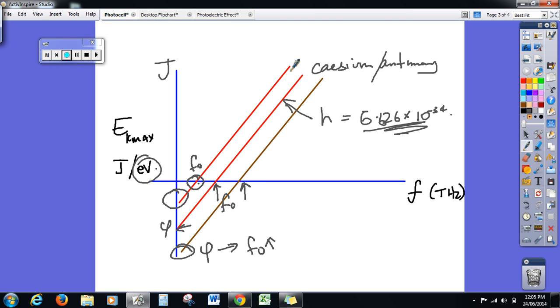So this cathode here might be sensitive to yellows and green light. This one here might be more yellows and blue light, and this one here might be more sensitive to blues and ultraviolet lights. So the choice of the actual cathode is quite important.